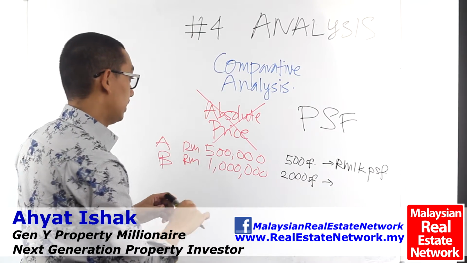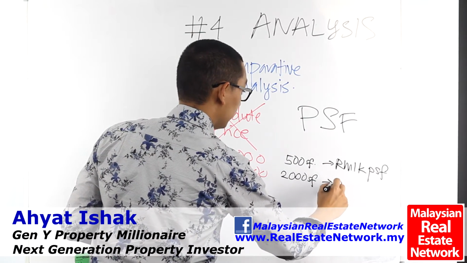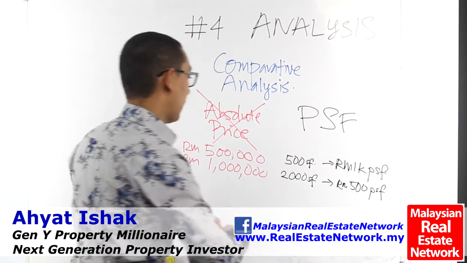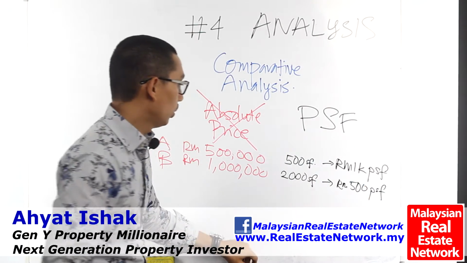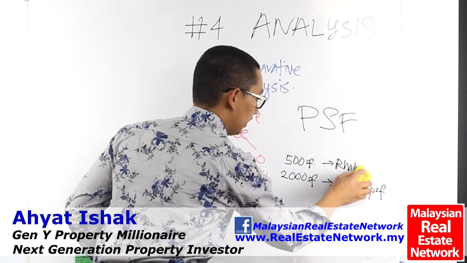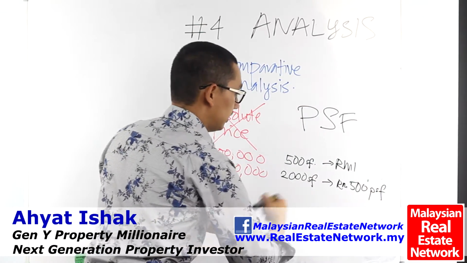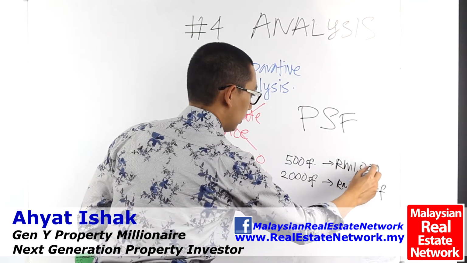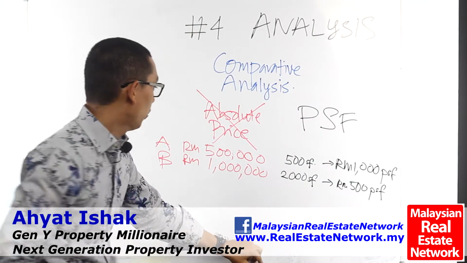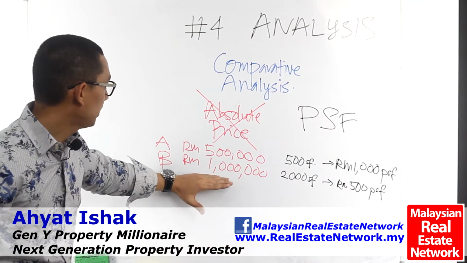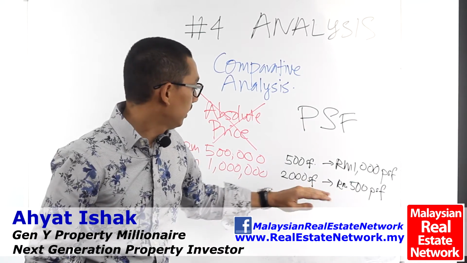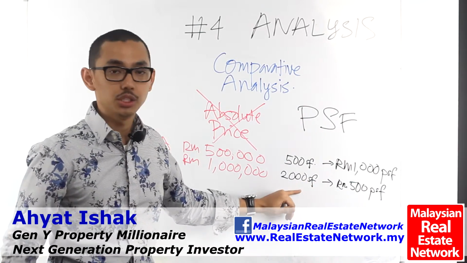And that's 500 ringgit. Okay? So when you look at this, I'll just blow it up so that it makes more sense. So while this may look more expensive, property B, but when you look at the price per square feet, property B is actually cheaper.